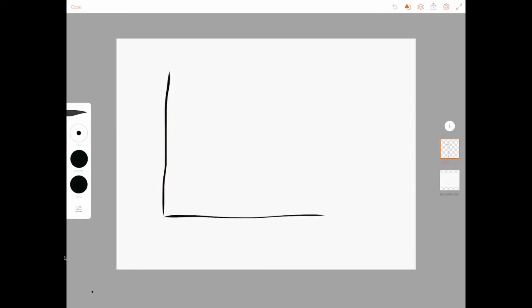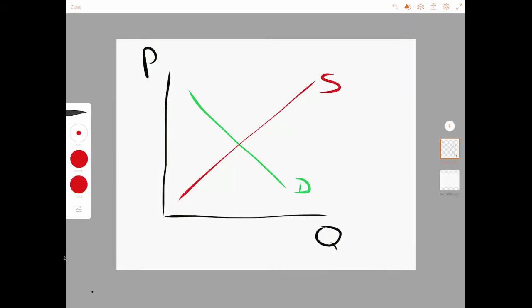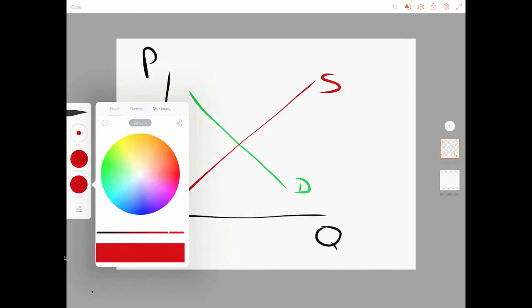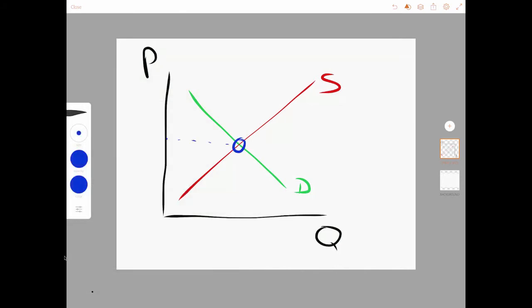Remember how the market sets the price. So here we have our space, we have our market quantity and price, we have our demand curve, and we have our supply curve. And where the two lines cross, we have our equilibrium price. Well, that's the price that each firm in the market has to take. And each firm is going to have a portion of the market quantity.